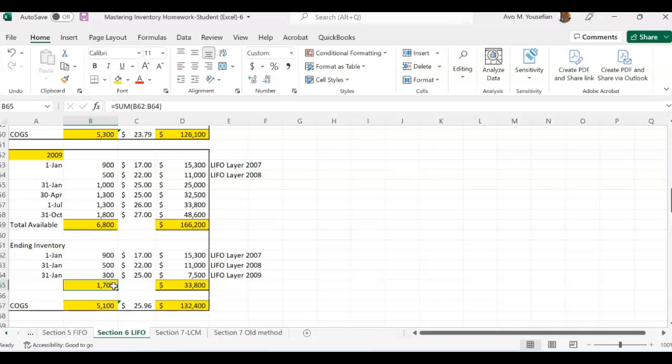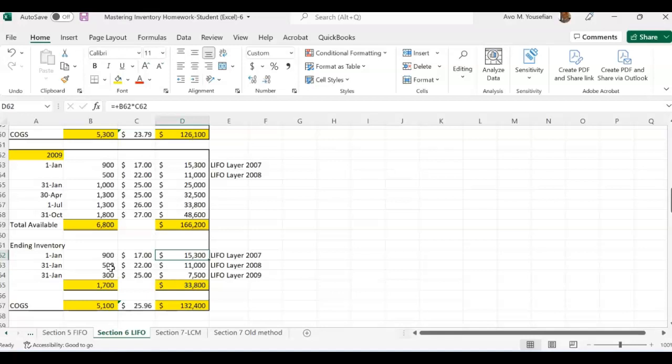Okay, so where is that 1,700 units coming from? Guess what? These are LIFO layers. So these bottom lines are all gone, right? So we go from the top and pick up all that is left from the top. We go to the first line from the top and we copy that LIFO layer of 2017 right in here. So that equals that 900, and that 17 equals that 17, and multiplied, it's 15,300, which is the LIFO layer of 2017.